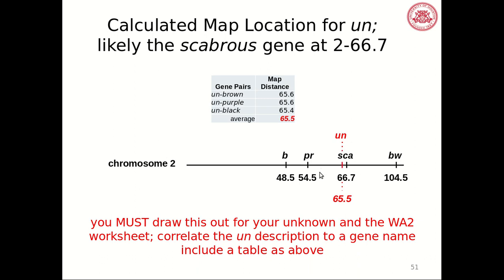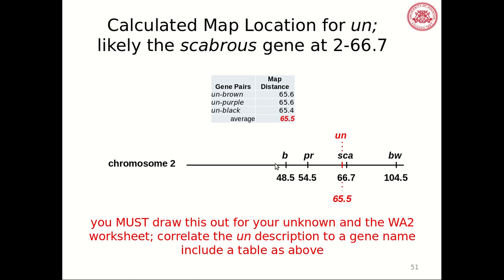And then you just kind of figure out where you are between all four of these, and you can get a very precise location as to where your unknown is located on chromosome 2. This is assuming that you've got access to 1, 2, 3, 4 marker genes on FlyGene.